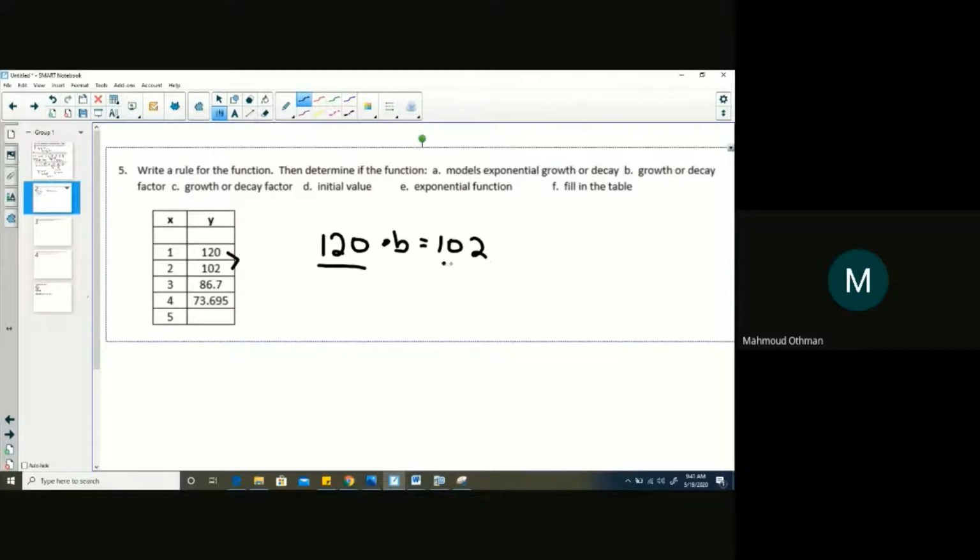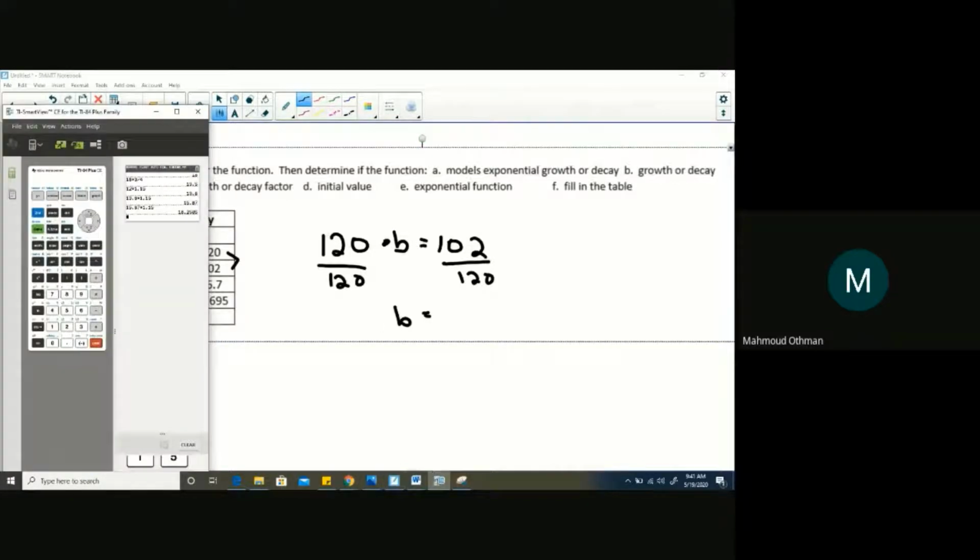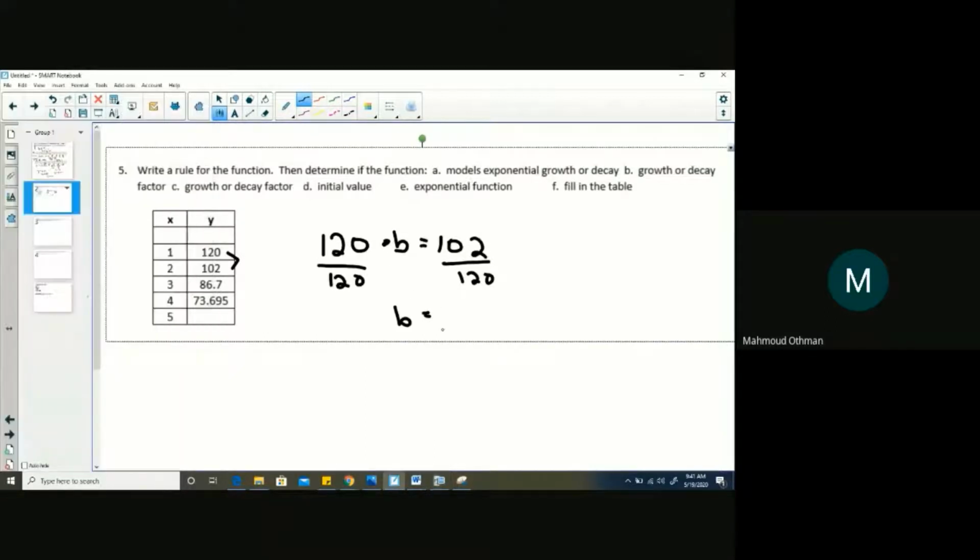Divide both sides by, again, this is now a one-step equation. Divide both sides by 120. B equals 102 divided by 120. B equals 0.85.